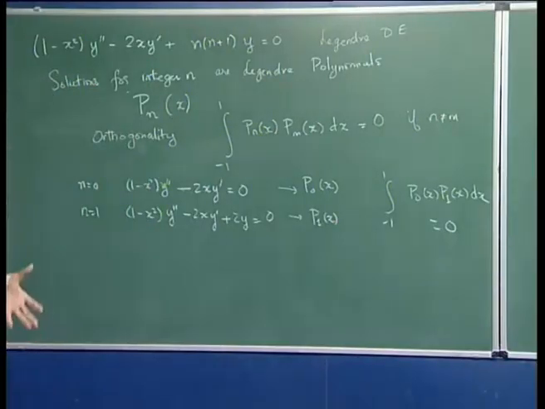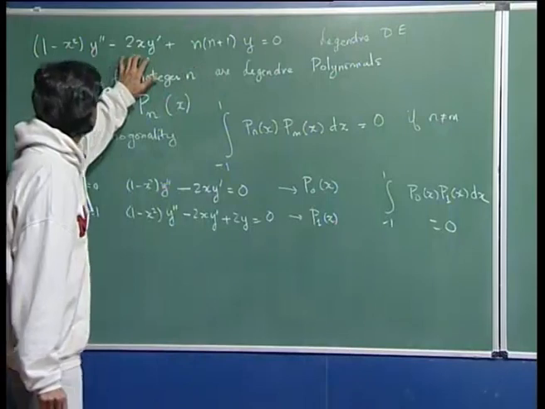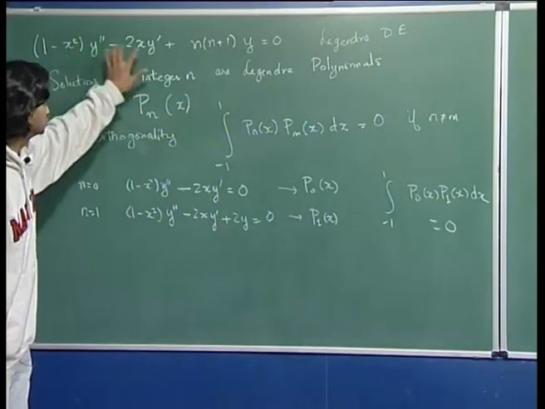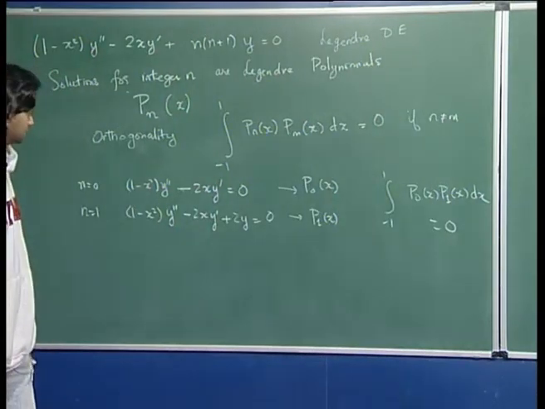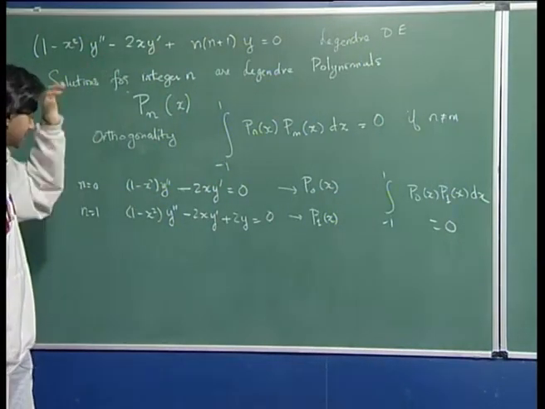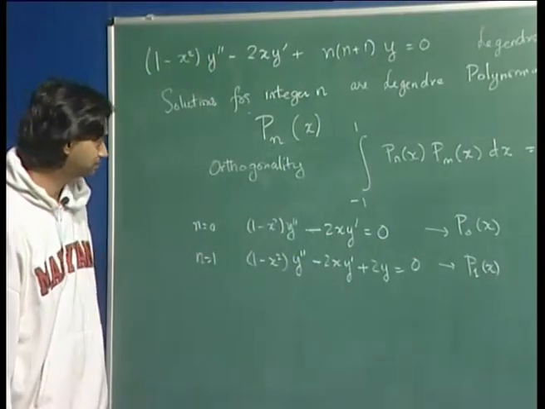So, the question we are asking is the following: is there some way to understand when the solutions of a differential equation will give you orthogonal functions? Is there something buried in the differential equation that tells you when the solutions would be orthogonal?